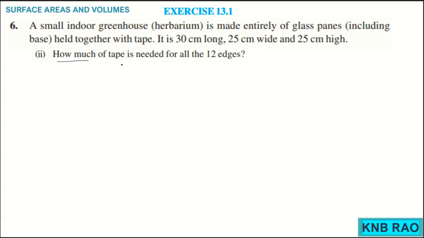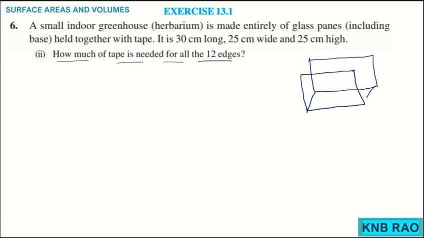Okay. Next, there is a continuation in question number 6. How much tape is needed for all the 12 edges? Now, in this cuboidal box, all these 6 surfaces are placed together and taped along the edge.